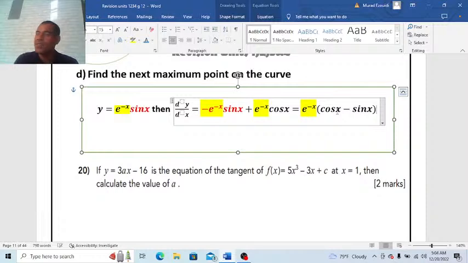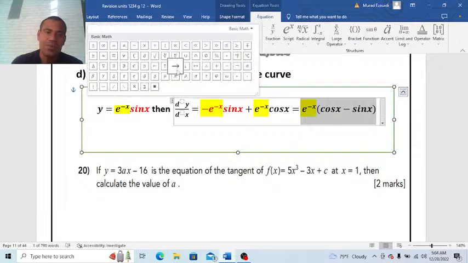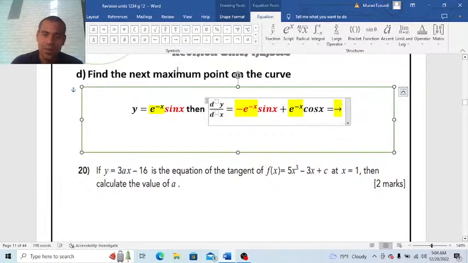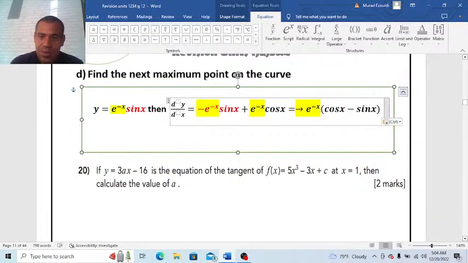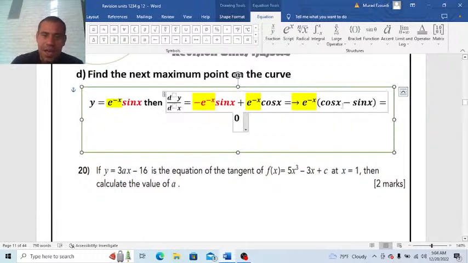You can see that the particular solution is pi over 4. I will state this equals 0. So this one equals 0 means what, learners?